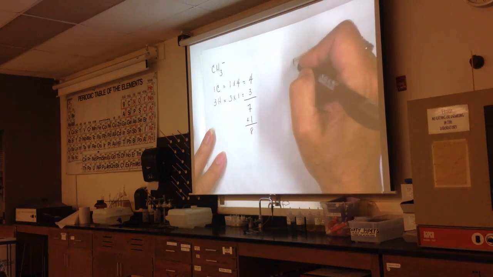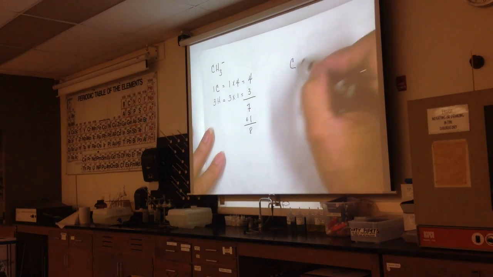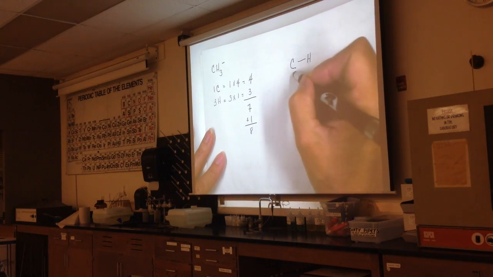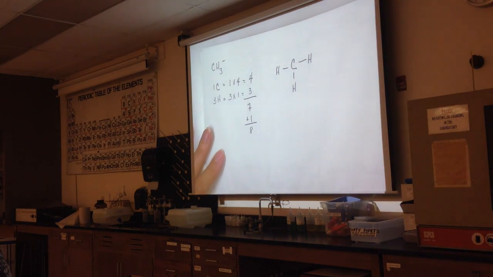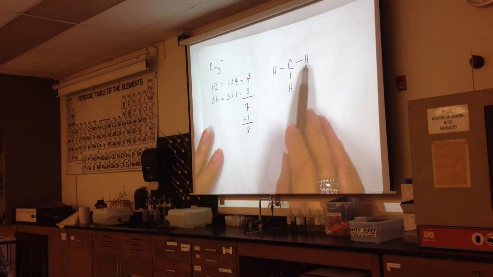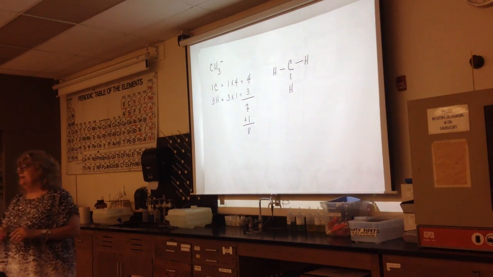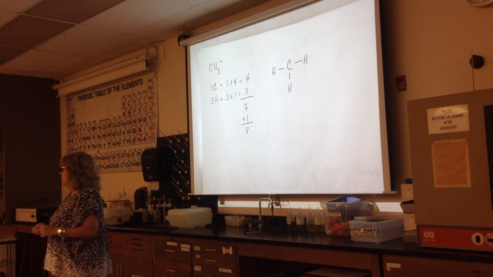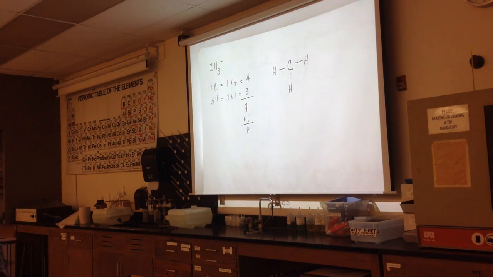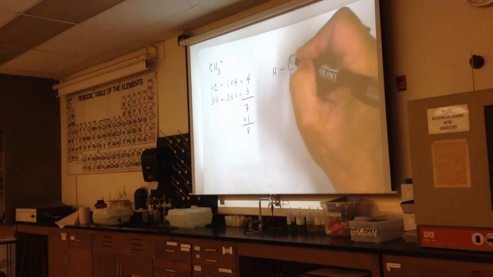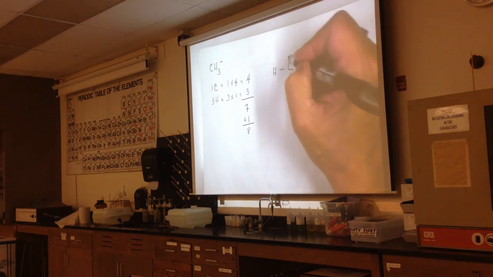I have carbon, and I have 1, 2, 3 hydrogens. That takes care of 2, 4, 6. But I have a total of 8. So that will represent a lone pair. I'll go ahead and I'll give them to carbon like so.